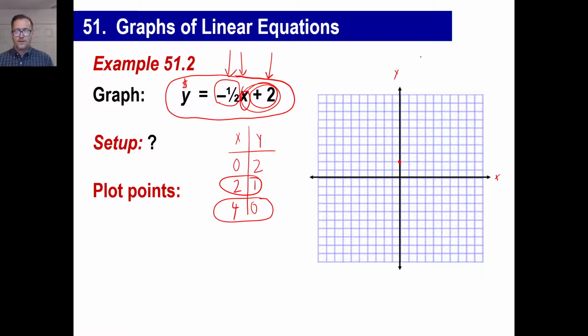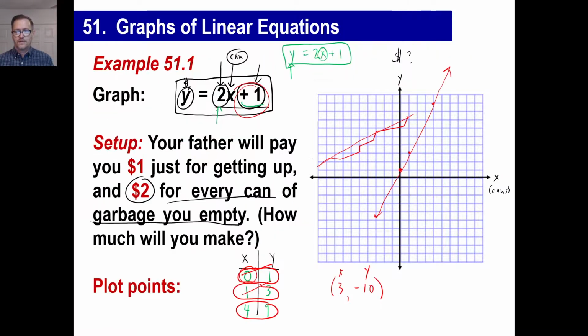Well, you can see what's going on here. Let's go ahead and graph this first. 2 and 1, I thought we already did that. 2 trash cans, you made $1. If you did 4 trash cans, 1, 2, 3, 4, you got nothing at all. Look at how this graph is going. What looks different about this line than the previous couple of graphs?